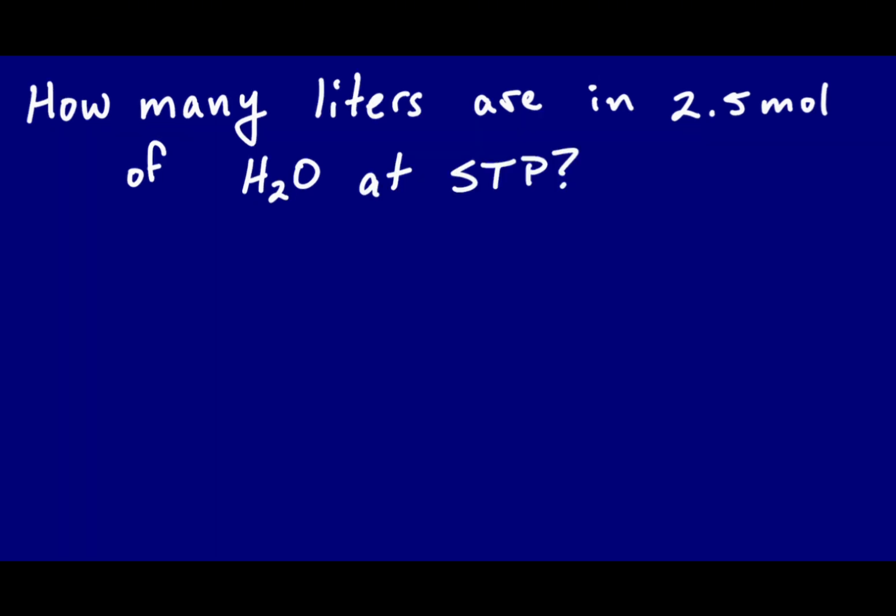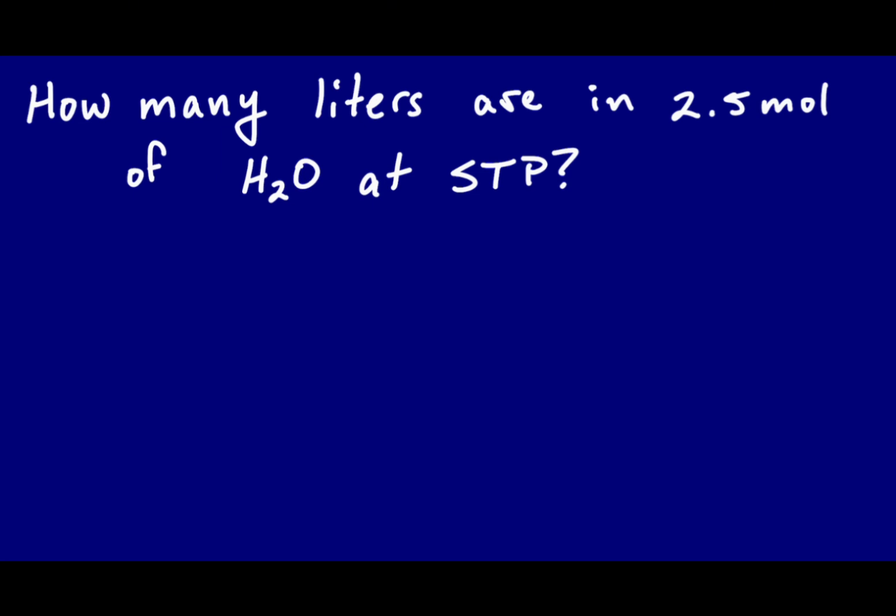With this example, we're going to find out how many liters are in 2.5 moles of H2O at STP. So thinking back to our diagram, liters and moles, we're going to need molar volume. The only time we're able to use molar volume is if we have the standard temperature and pressure. So the scenario tells us that we are at STP, so we are assuming these standard conditions.